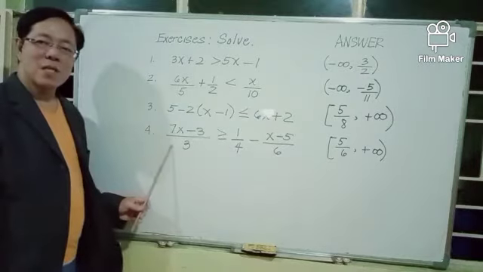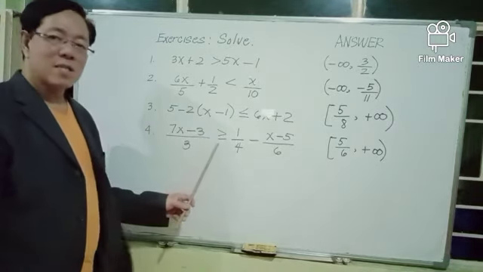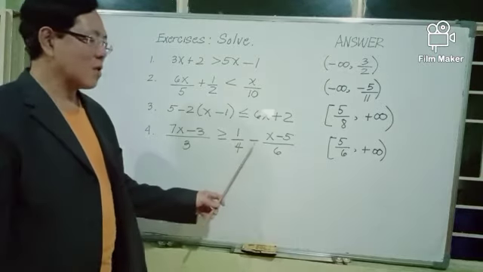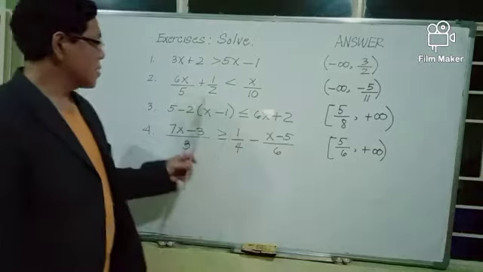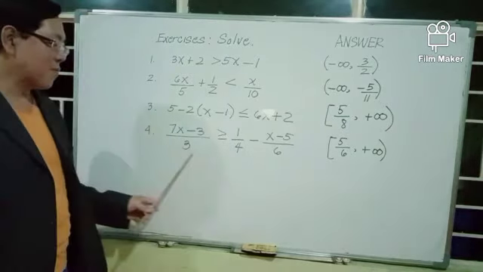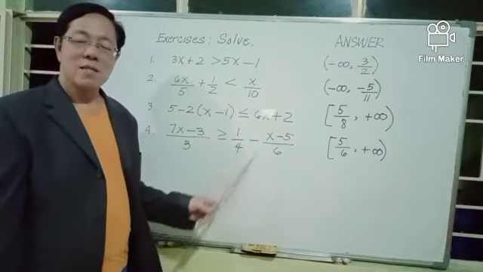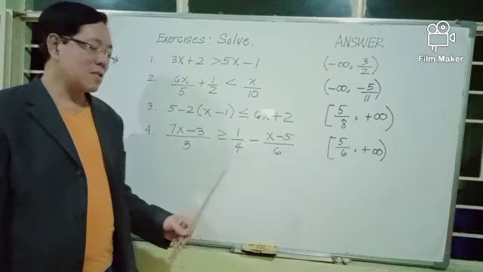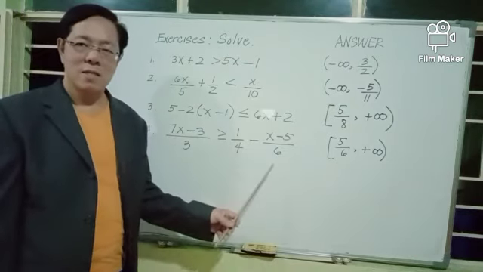In number 4, the given is 7x over 3 all over 3 greater than or equal to 1 over 4 minus x minus 5 all over 6. Similar to number 2, you have to first eliminate the denominators in number 4 by multiplying the left-hand side and the right-hand side of the inequality by the LCD, lowest common denominator, for 3, 4, and 6.